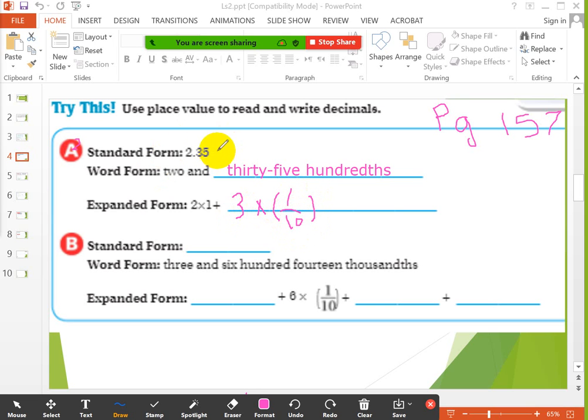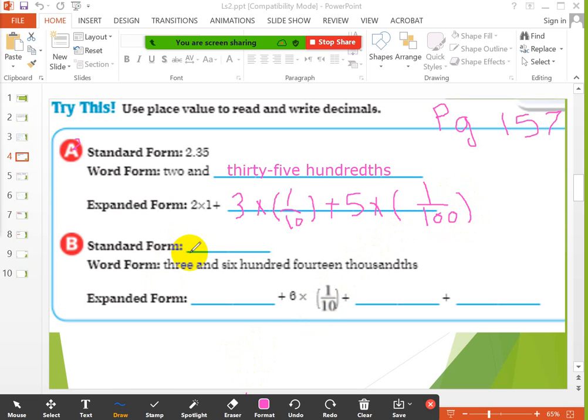Now, 5 in the hundredths digit, so I will add 5 multiply 1 over 100. This is the expanded form.